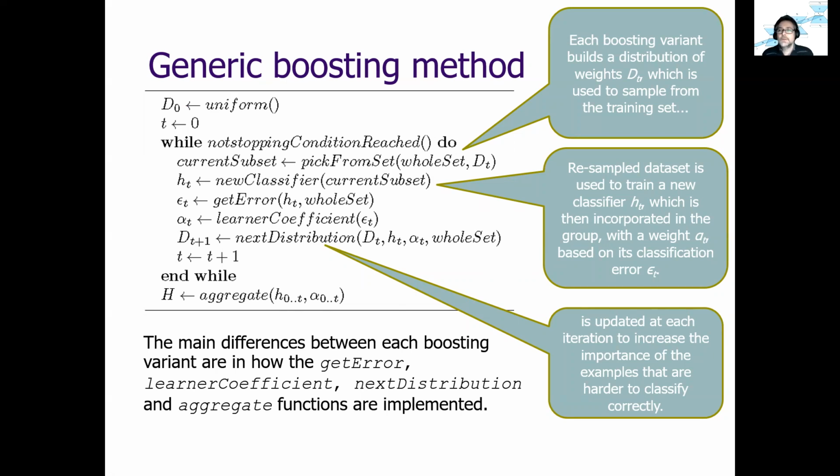The selection of the data points depends on some weights, and the weights are specified in a way that they are bigger for data points on which the previously trained classifier had poor performance, and smaller for data points that were successfully classified. They had small errors. That's the general idea.